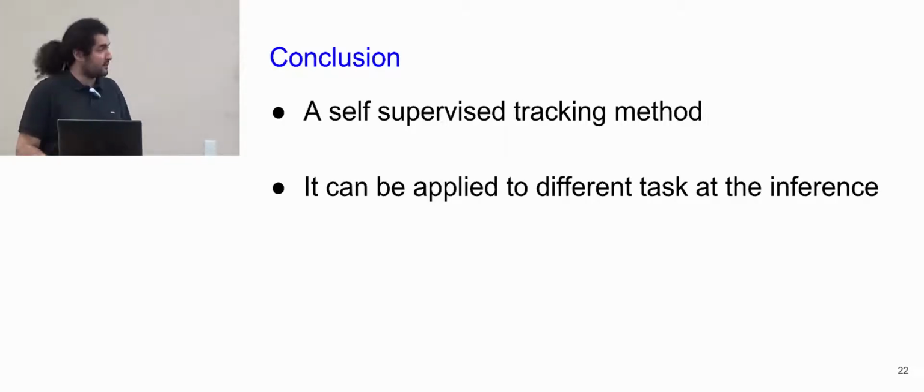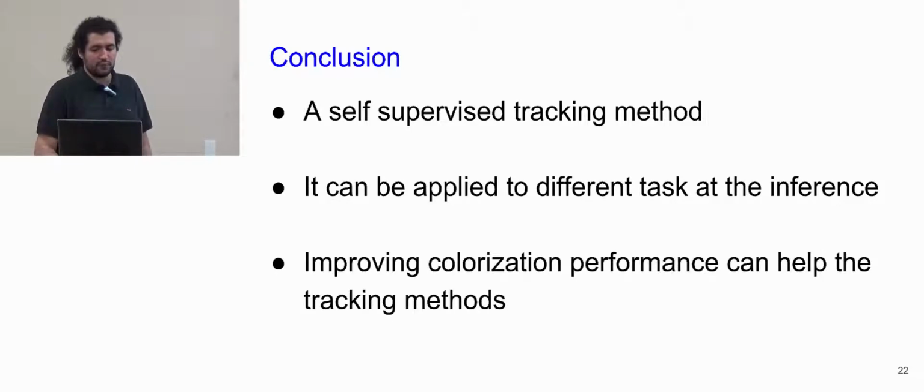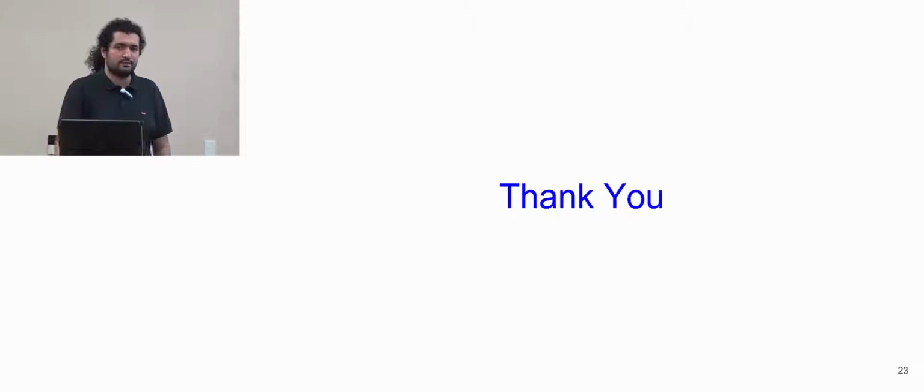This is an interesting property because you train your network one time and you can use it for different tasks at inference time. Also, they state that if they improve the colorization performance, it can boost the performance of their tracking method. And that's all.